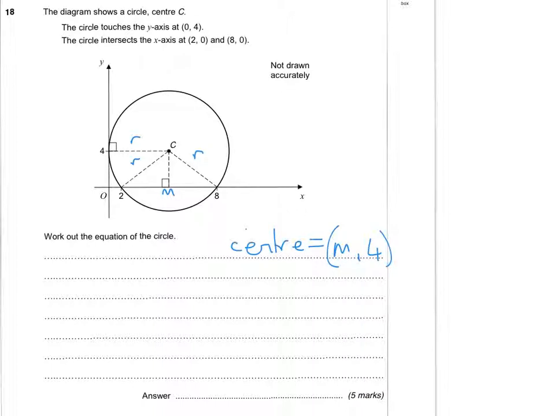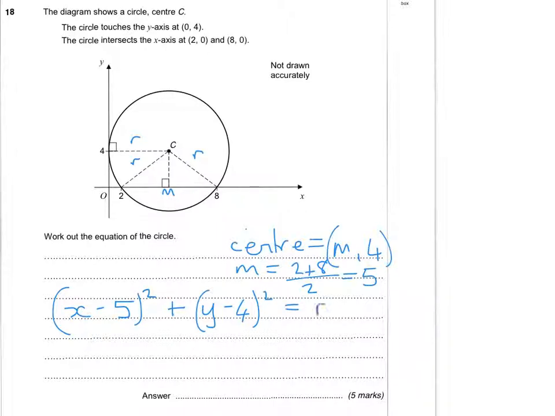M will be the midpoint of 2 and 8, so M is equal to (2 plus 8) divided by 2, which is equal to 5, so it's x minus 5 squared plus y minus 4 squared equals the radius squared.